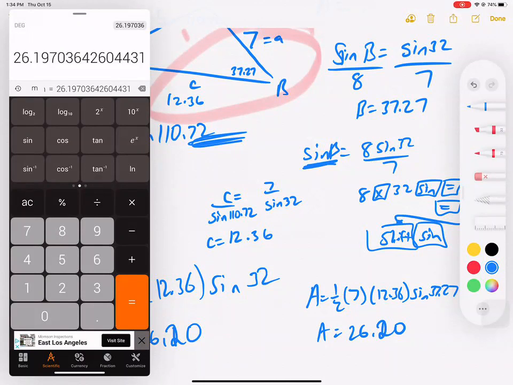So this is just for us to see that this is a tool given SAS, side angle side, where the angle is between the two sides. This is our super fast way to find area. This is as easy as using 1/2 base times height if you have a calculator. As easy as that.